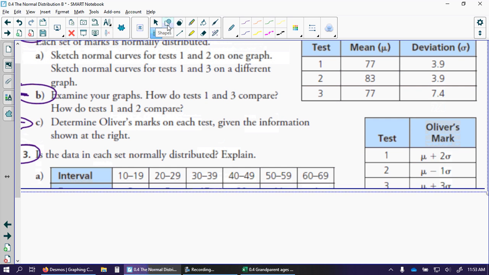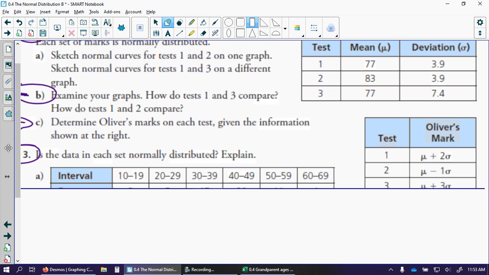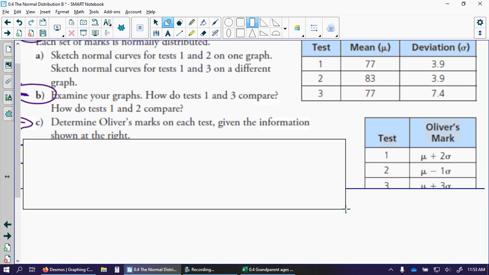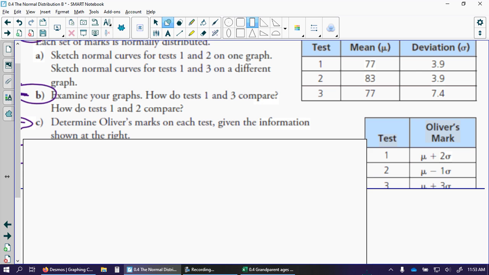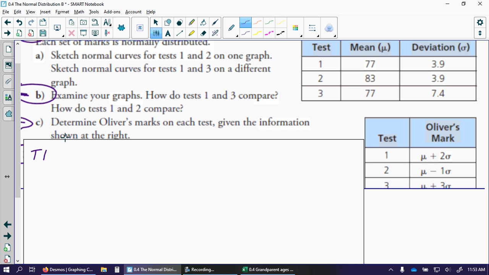Oliver's mark on a given test is a great type of question. I just need to block this bit off because we don't really need it. So what we need to look at here is on test 1, Oliver has a mark of the mean, which was 77, plus 2 standard deviations above that.